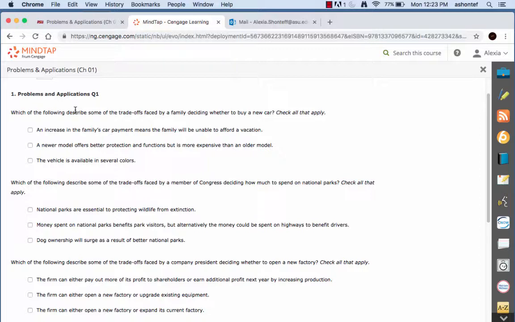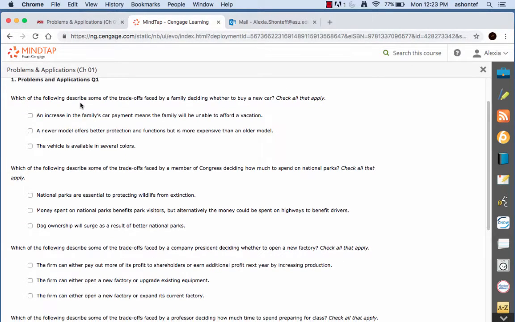And the other thing to keep in mind is some of these questions build on one another. So you've got to pay attention to that too. And then sometimes they'll just be separate questions within the same question. So be very careful as you do this homework. This is not anything that you're going to rush.